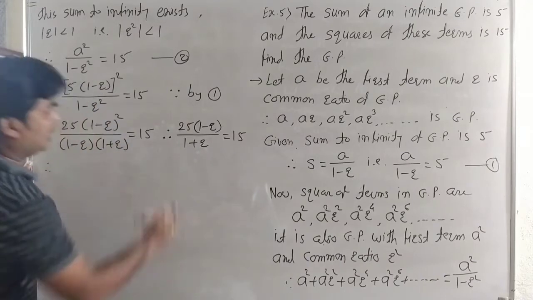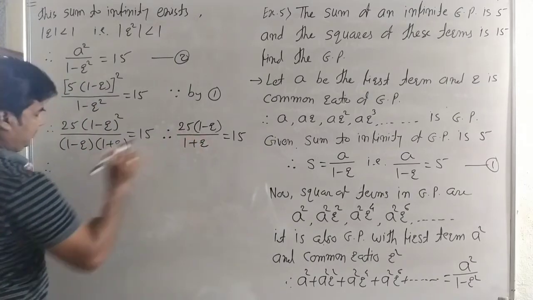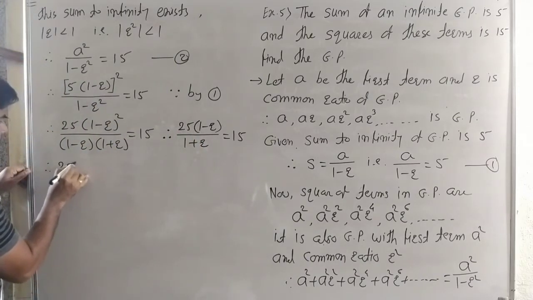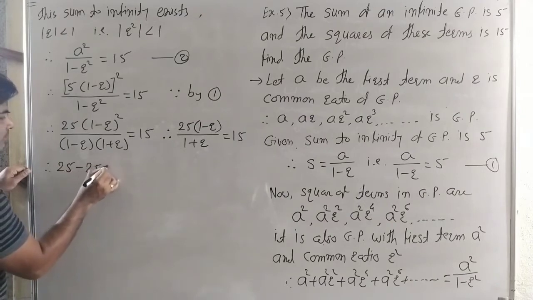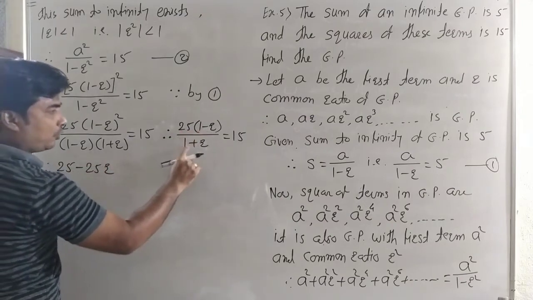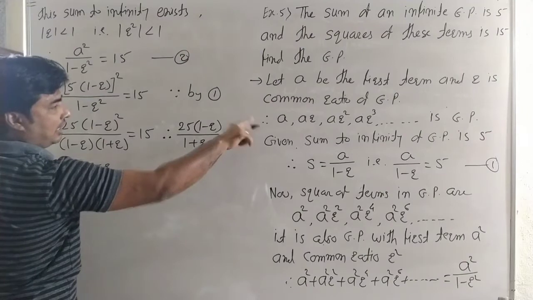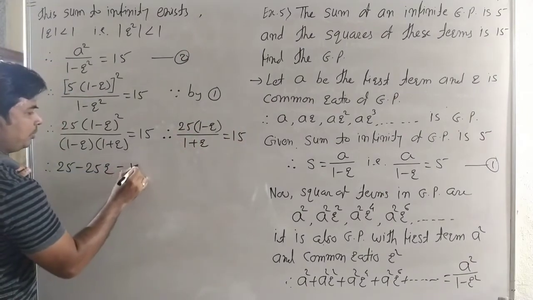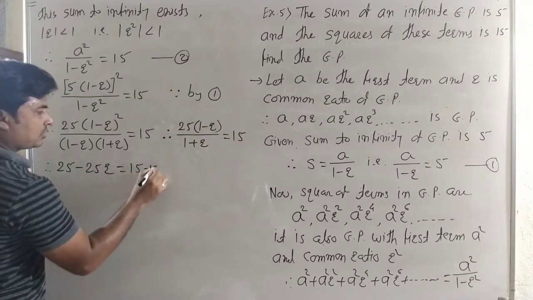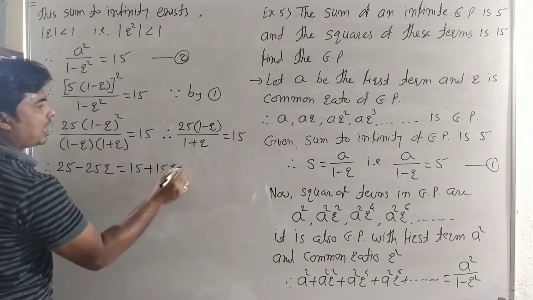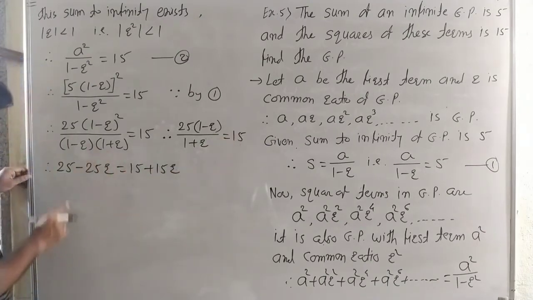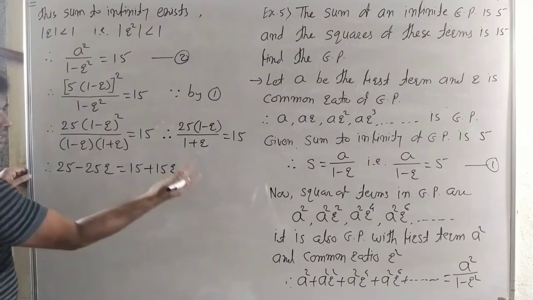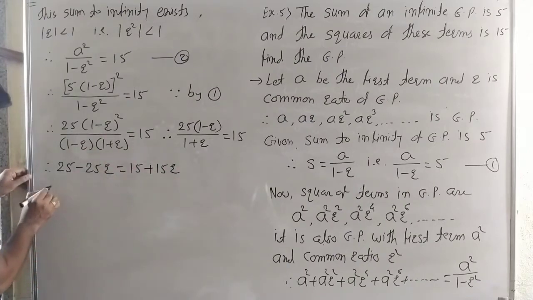Here 25 into 1 is 25 minus 25r, and 1 plus r on the RHS, therefore we can write 15 plus 15r. Now here we have 25 minus 25r, so we can write plus 25r.